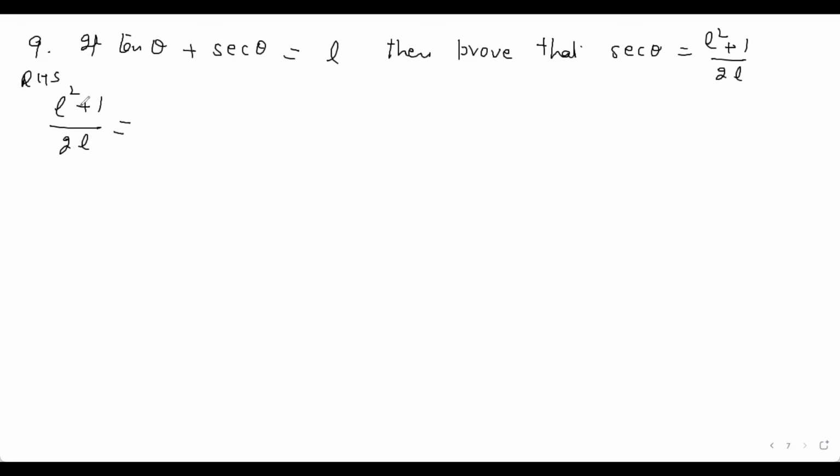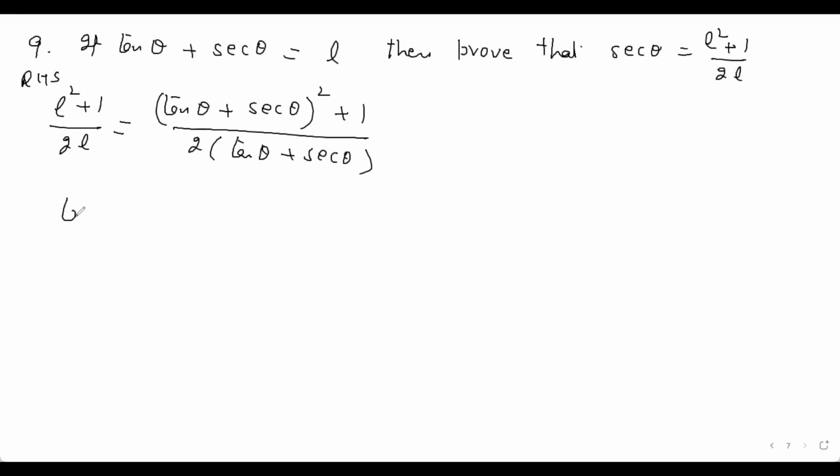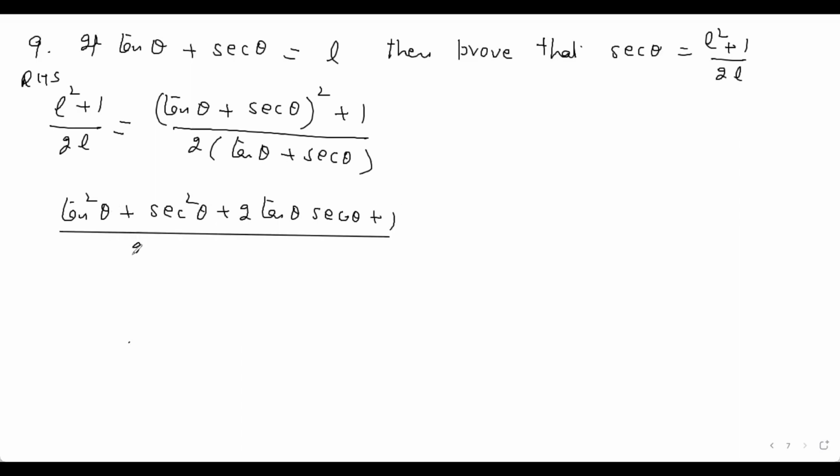Now instead of L, I'm going to write tan theta plus sec theta, whole square, plus 1 upon 2 times tan theta plus sec theta. This is equal to tan square theta plus sec square theta plus 2 times tan theta sec theta plus 1 upon 2 tan theta plus sec theta.